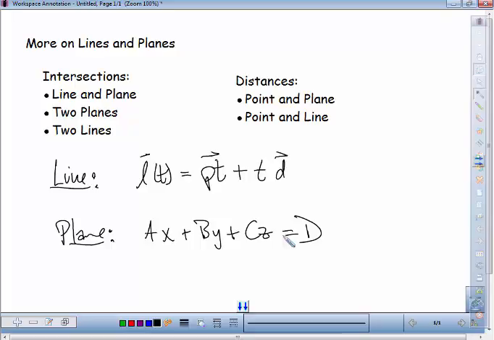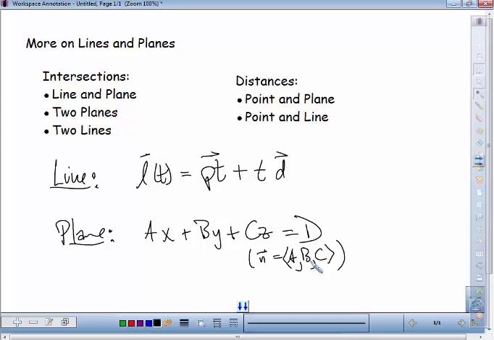Now, we should also know that A, B, C is the normal vector for this plane. So if we ever need that vector, we're going to be able to use it. Okay, so these are the basic forms, and what we're going to do is find intersections and things like that.